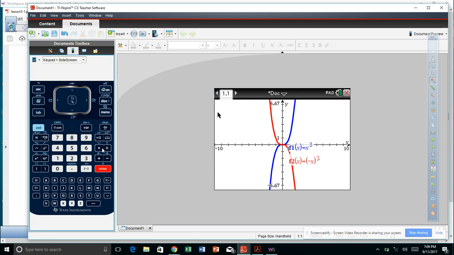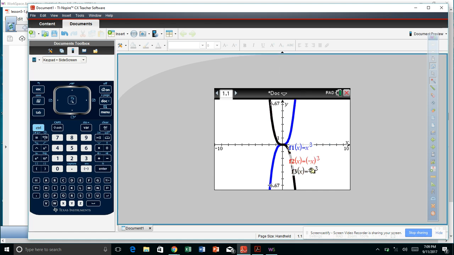All right. Now, let's try the third one, -x cubed. And look, see how those two are right on top of each other.